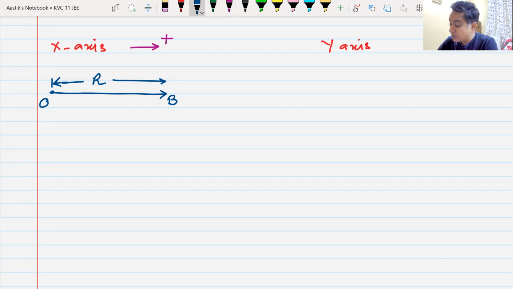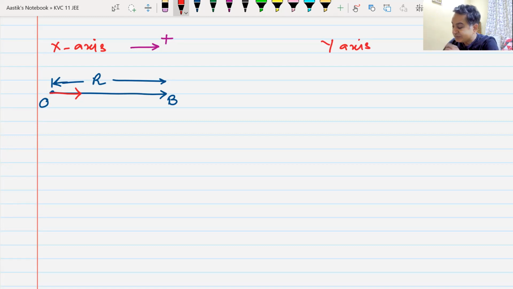The first thing is, what is the initial velocity along the x-axis?